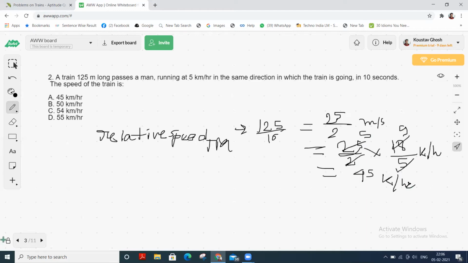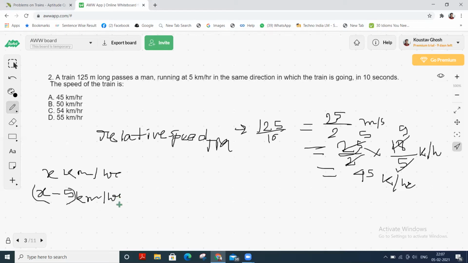Okay, let the speed of the train be x kilometer per hour. Then what is the relative speed? Relative speed is x minus 5 kilometer per hour.